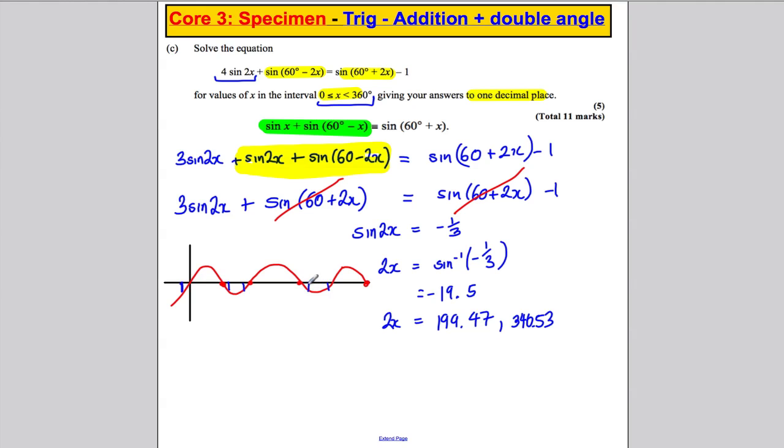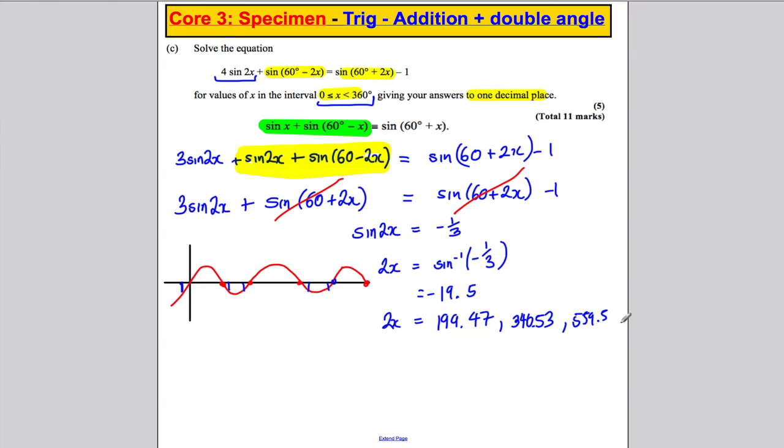And then there will be another one here, which would be 540 plus the 19.5, which would be 559.5, and there'd be one other one, which would be 720, subtract 19.5.